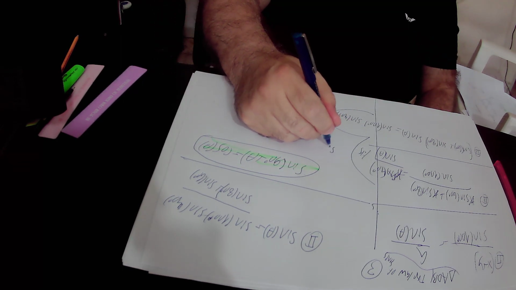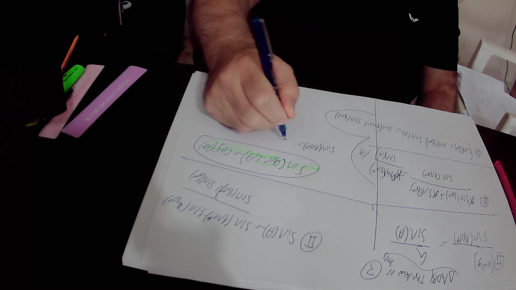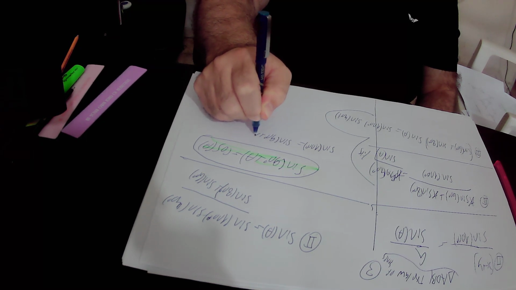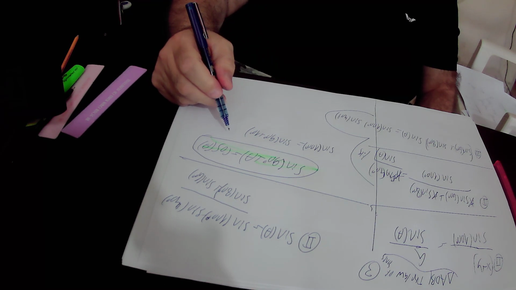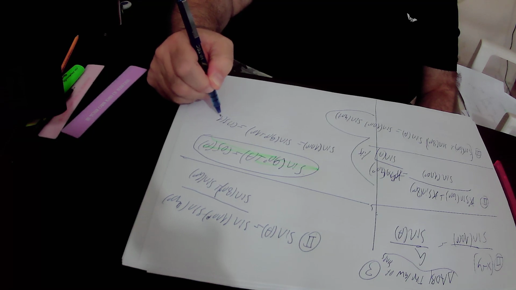Sin 100 degrees is equal to sin(90 degrees + 10 degrees), and according to this trigonometric identity, sin(90 degrees + 10 degrees) equals cosine 10 degrees.